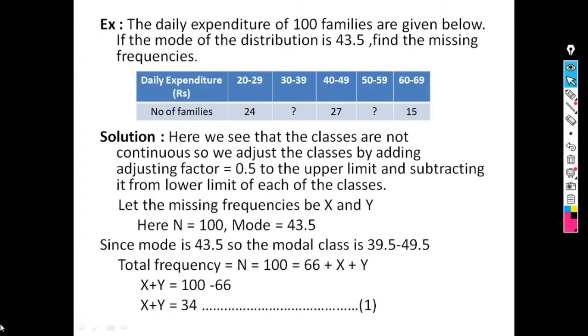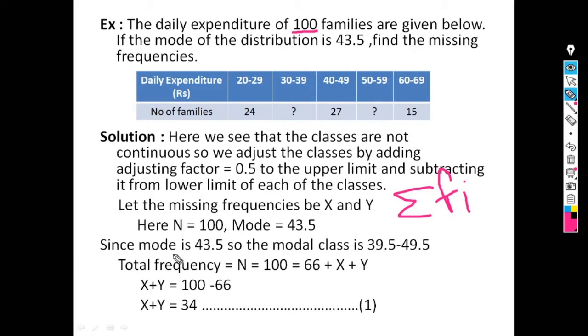The number of families is given, that is 100. So capital N, the sum of frequencies, summation of Fi, is equal to 100, and the mode is given, that is 43.5.